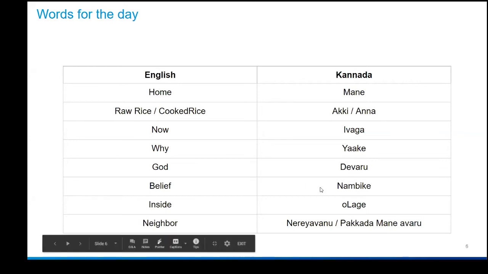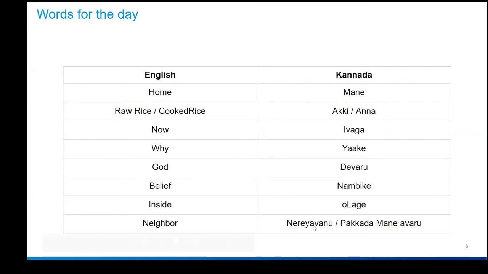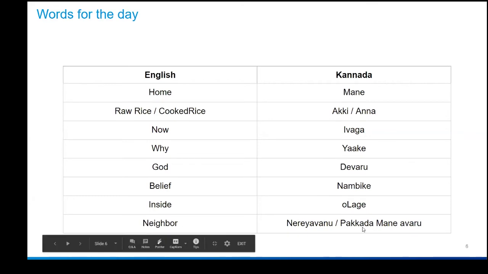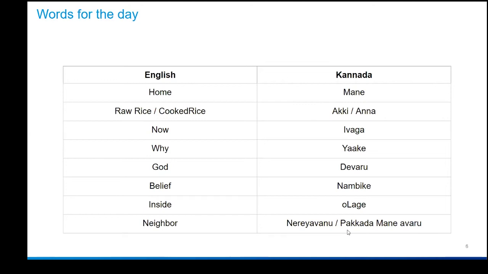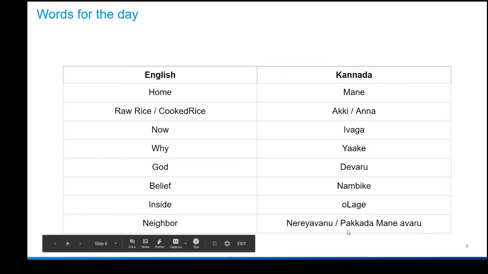All right. Neighbor would be Nereyavanu. That is to say that I am your neighbor. You would use this word, but an easier word to say, instead of the word-to-word translation for neighbor, is I am from the house adjacent to yours. So you would say Pakkada Maneyavanu. Pakka is not the Hindi Pakka. Pakka is next to you.